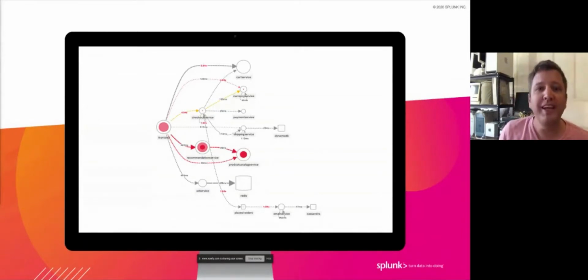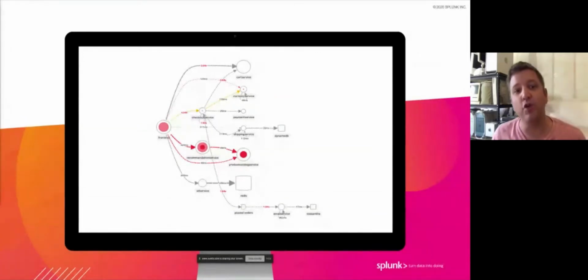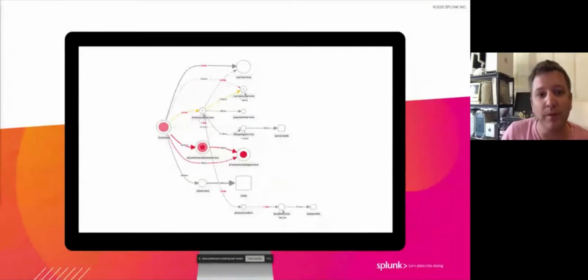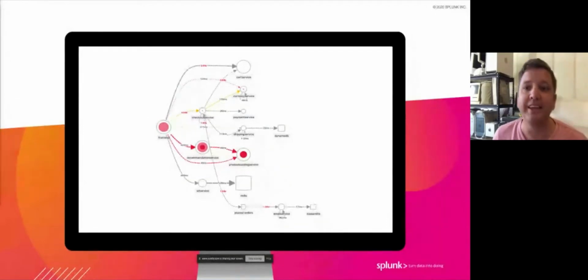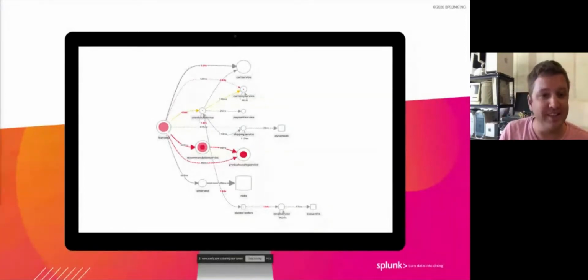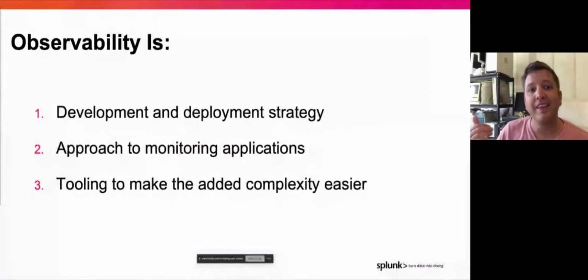So you need a new approach that can get us to finding out exactly where the problem is, all of the other services impacted, and get to resolution faster, because you can't just traverse that naturally when you have tens, hundreds of microservices running. That is what observability is.